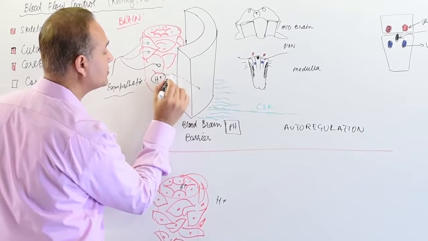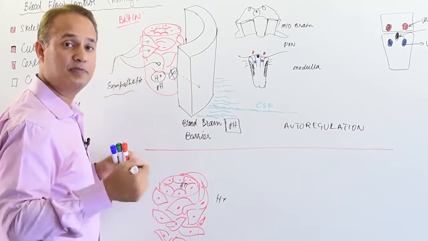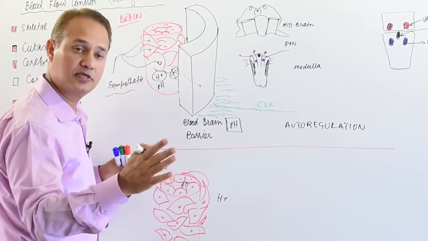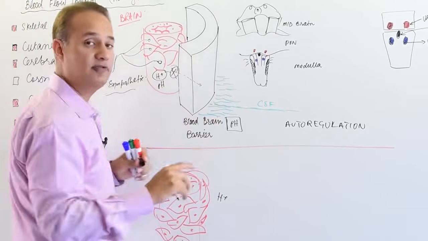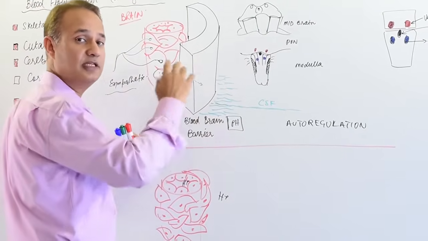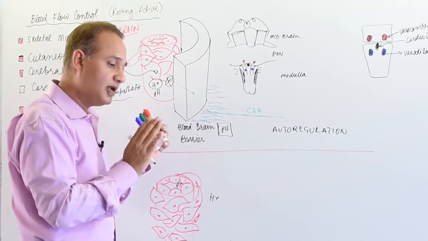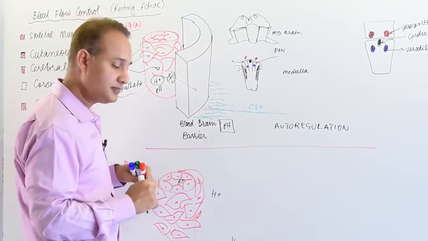They cannot. Why not? Because they're ions, and the blood-brain barrier will not allow a charged particle to cross. So because of the ionic nature, hydrogen ion will not be able to come from the plasma to the CSF. So we've established that the pH of the plasma has no effect on the pH of the CSF.